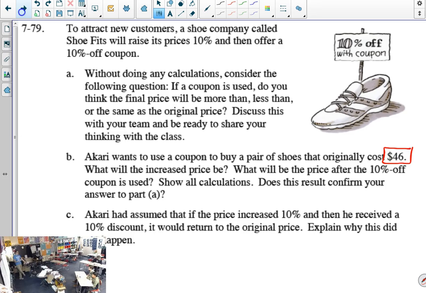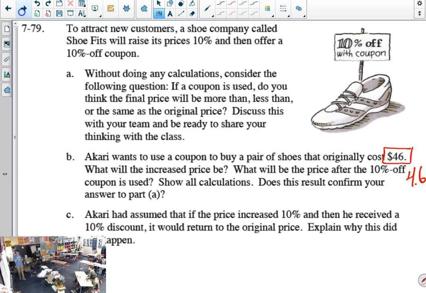Decrease. What's our percent decrease in this situation? 10%. 10% of what? 46. So when we calculate this, 10% we know is a tenth. So a tenth of that is 4.6, right? Sweet.